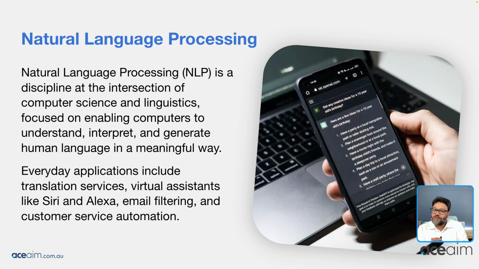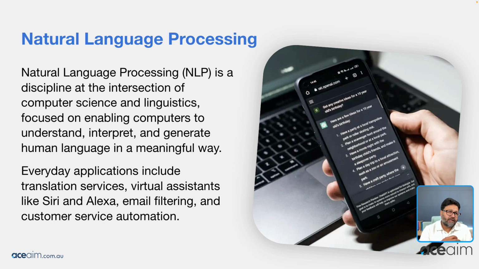Similarly, there are various applications like Alexa and Siri, which all use natural language processing. Other applications include email filtering and customer service bots or chatbots. All those are natural language processing applications. So I think that is natural language processing.